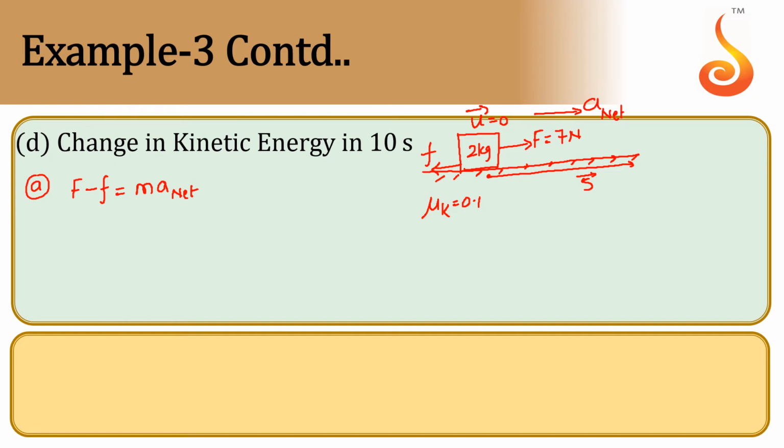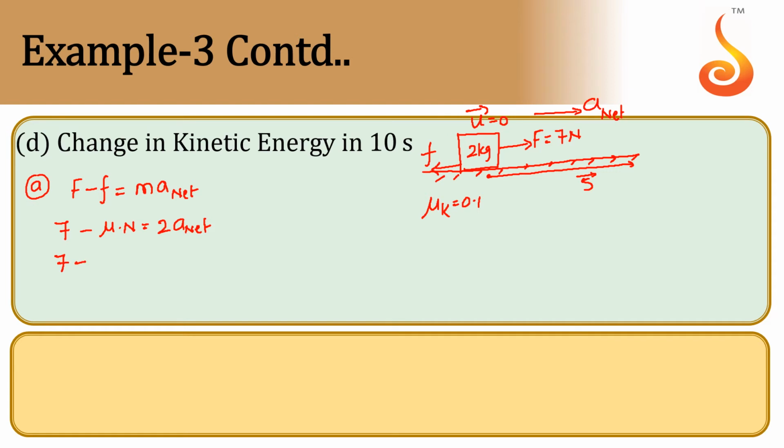So the force that we applied is 7 Newton, minus the frictional force, which is mu into N, is equal to mass 2 into net acceleration.